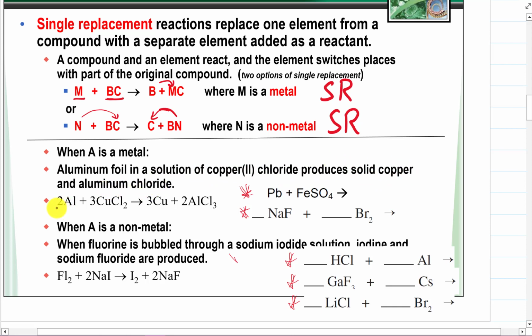So we have a metal. Aluminum is a metal. And we have a compound. So what's going to happen is, of this compound, the metal is copper, so it's going to replace the copper. So we take the copper out, and the aluminum goes in. Then we have to do all the balancing.